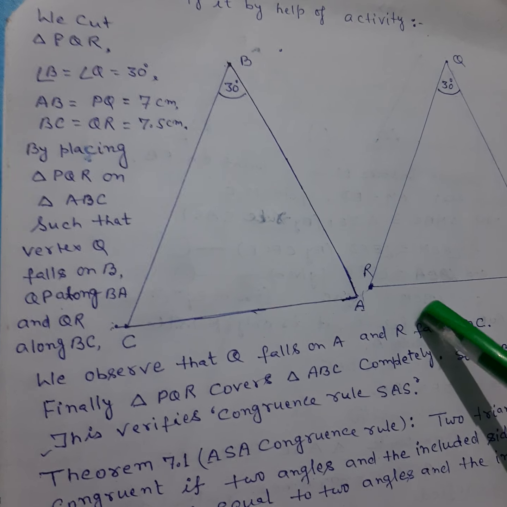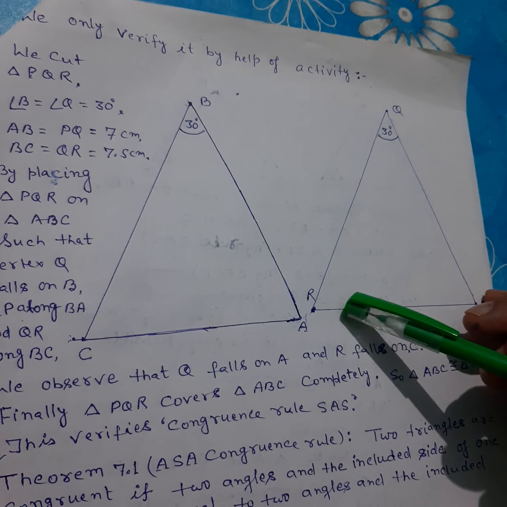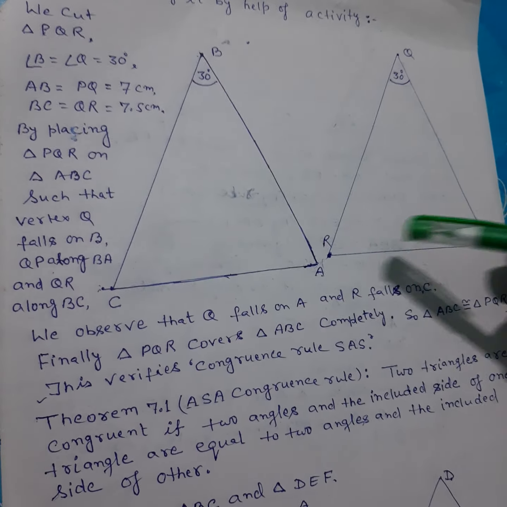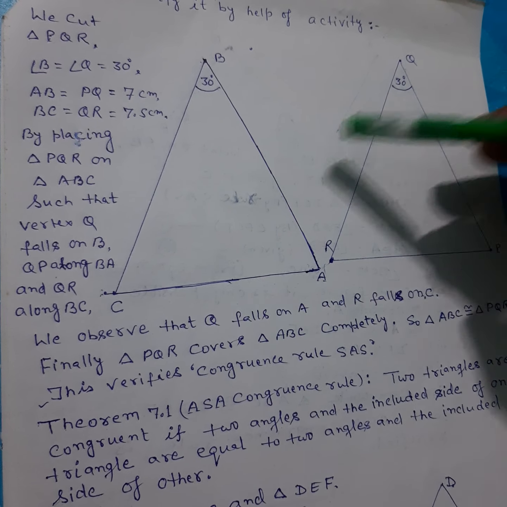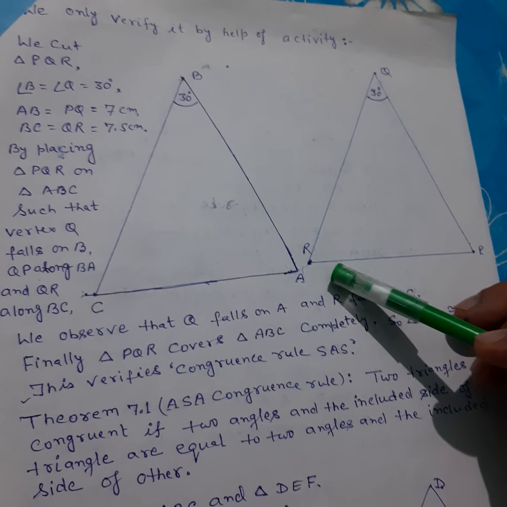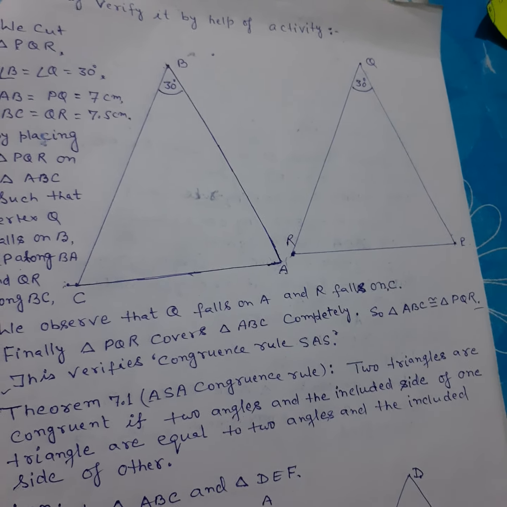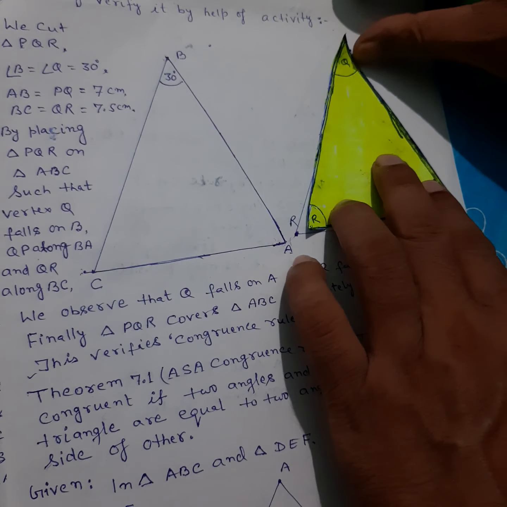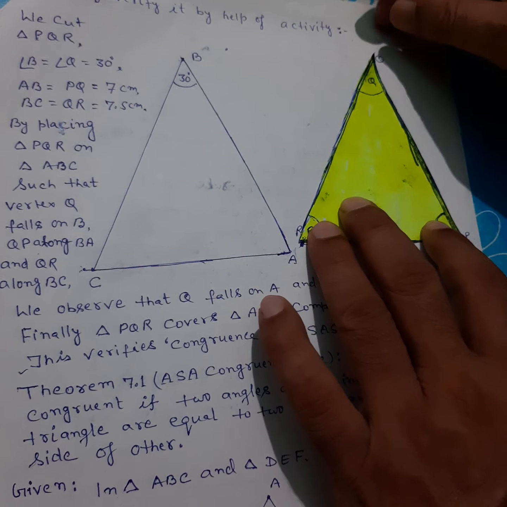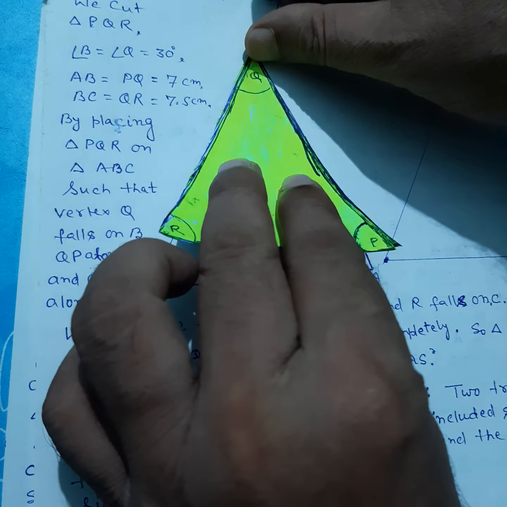Here we discuss two triangles, ABC and PQR. Angle B equals angle Q, both are 30 degrees. AB equals PQ, 7 centimeters. BC equals QR, 7.5 centimeters. Suppose that we cut triangle PQR from a piece of paper and try to superpose it upon triangle ABC.